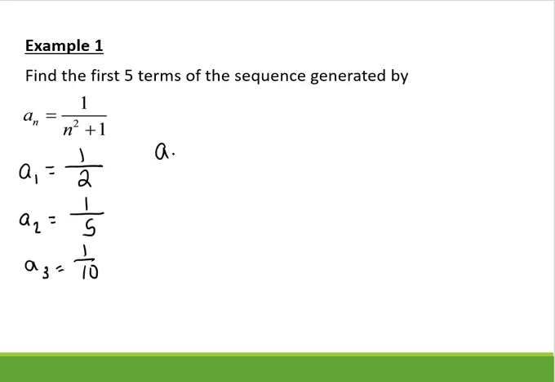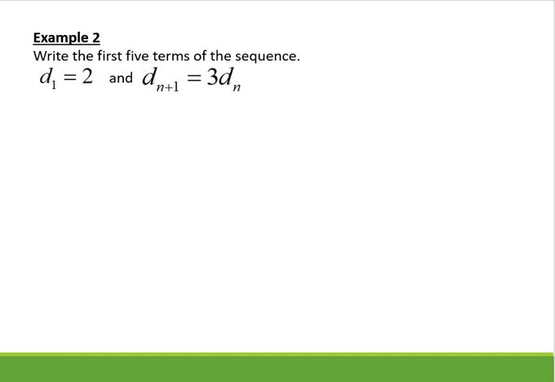If I plug in 4, I get 1/17. If I plug in 5, we get 1/26. I don't know why that was so hard for me. Okay, so you should have remembered this from not only Algebra 2, but also a pre-calculus class.